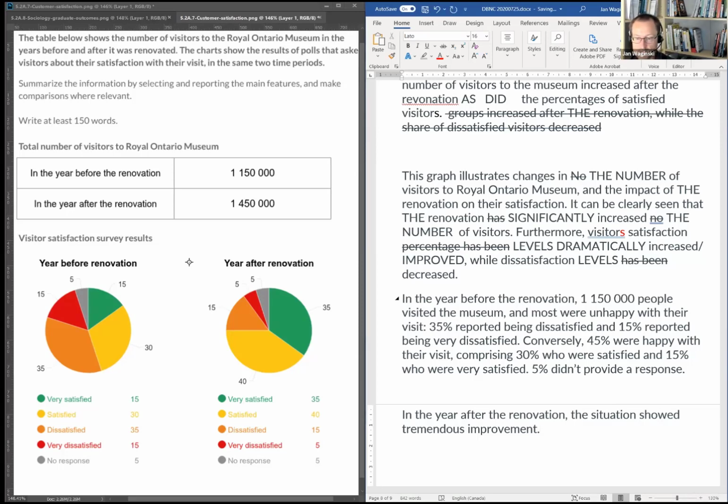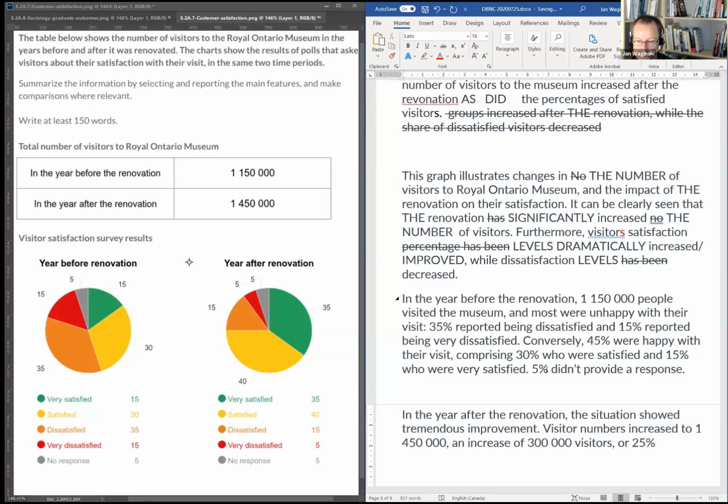What happened to visitor numbers? Increased by 3 million? No, yeah, 3,000. Right. We can say an increase of 300,000 visitors or 25%.